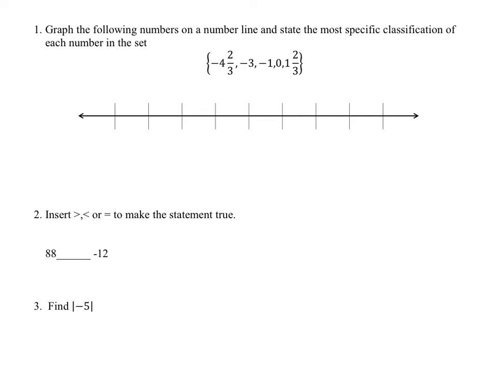Now looking on to graphing numbers on a number line. And so what we're going to do is we're going to graph the numbers, and then we're going to say the most specific classification of number it is. So let's take a look at this first number. Is -4 2/3. Now this number line has no 0 representation.